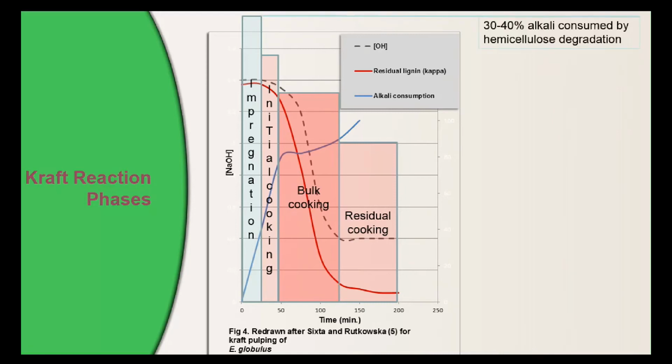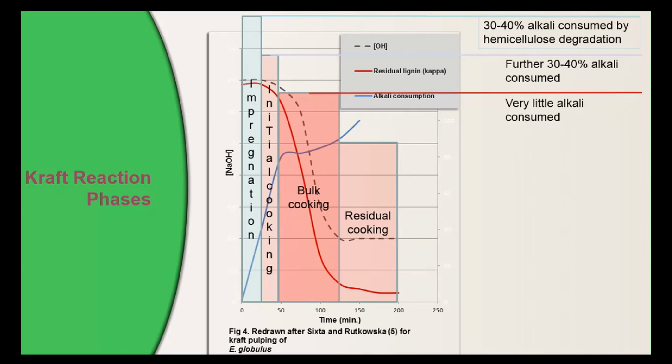So therefore we find that during the initial impregnation stage we have 30 to 40% of our alkali being consumed, and most of that is actually then about the hemicellulose that will be degraded in that stage. In the initial cooking stage we still have another 30 to 40% of the alkali that is consumed, but during the bulk cooking phase we actually have very little alkali that is consumed.